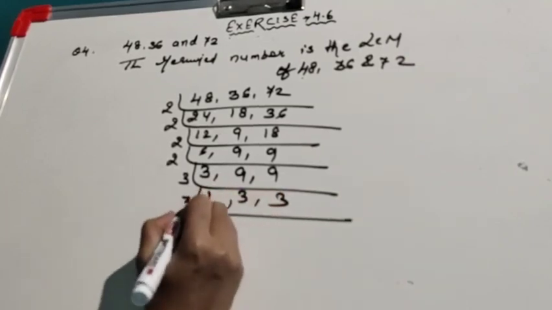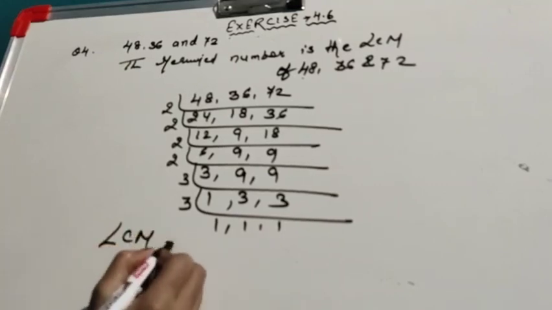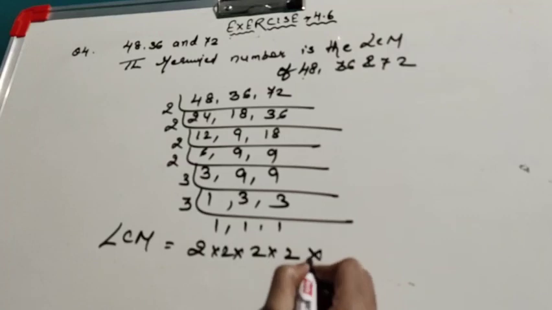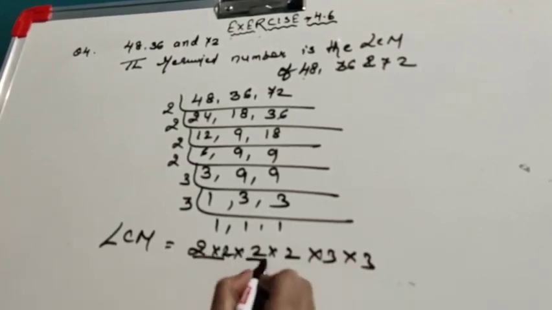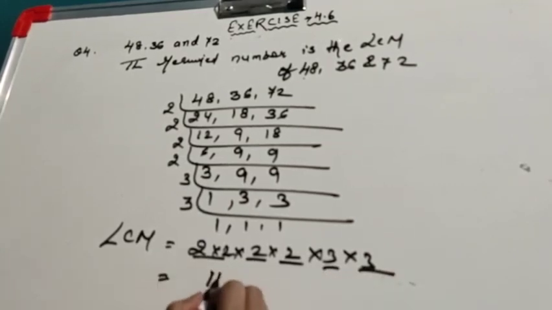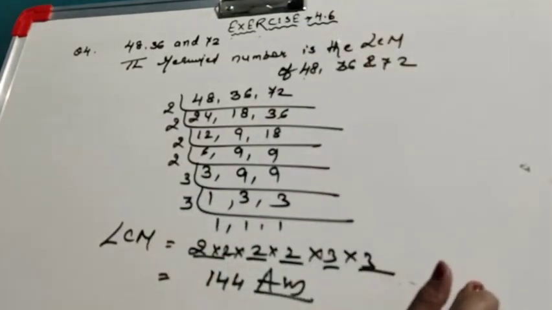Again go with the 3 table, 3 1s are 3, 3 1s are 3. Now LCM is equal to 2 multiplied by 2 multiplied by 2 multiplied by 2 multiplied by 3 multiplied by 3. 2 2s are 4, 4 2s are 8, 8 2s are 16, 16 3s are 48, 48 3s are 144, which is your correct answer. So you can go with this process.